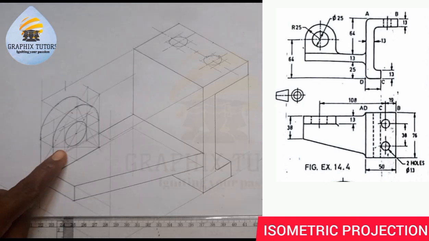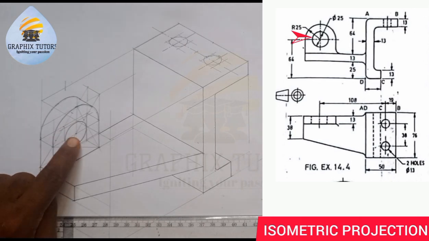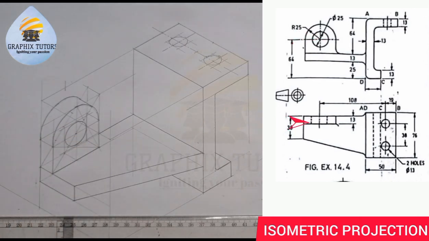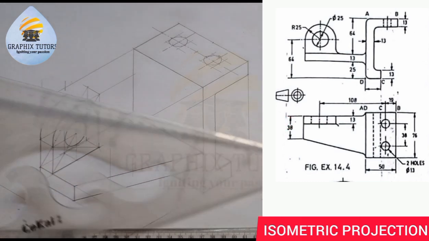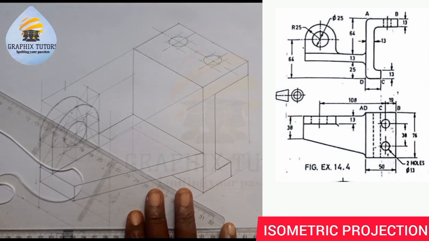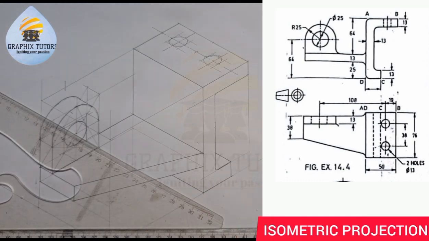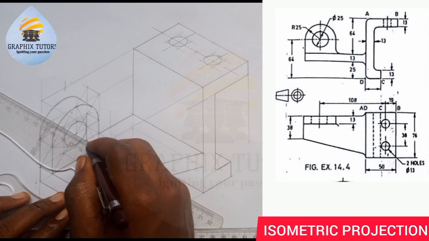Now, if you look at this circle, it's actually going through from the diagram. You're seeing a hidden line here. So what I'll do here is simple. I'll come to this point and use my pencil.